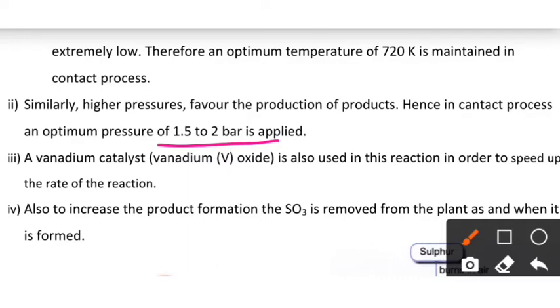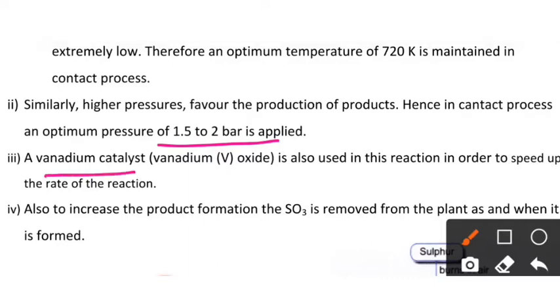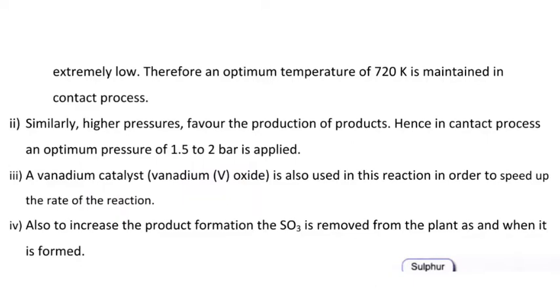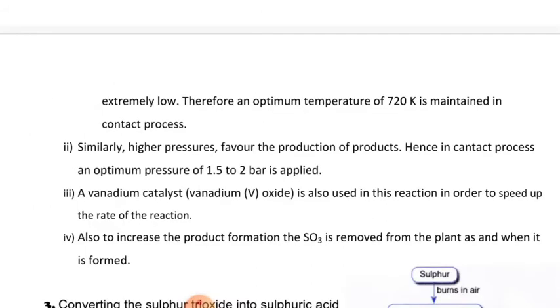Therefore, in the contact process, vanadium pentoxide is used as a catalyst. Also, an increase in concentration of sulfur trioxide shifts the reaction backward. To avoid that, sulfur trioxide, when it is formed, has to be removed from the reactor. These are the conditions to get maximum yield in the contact process.